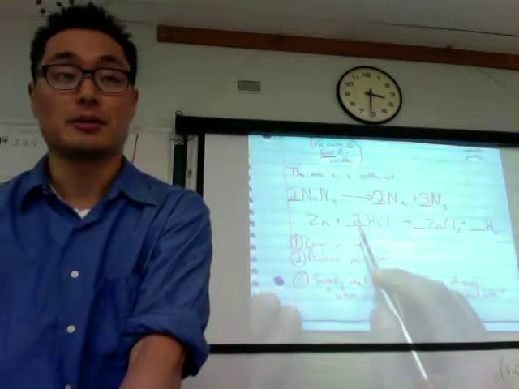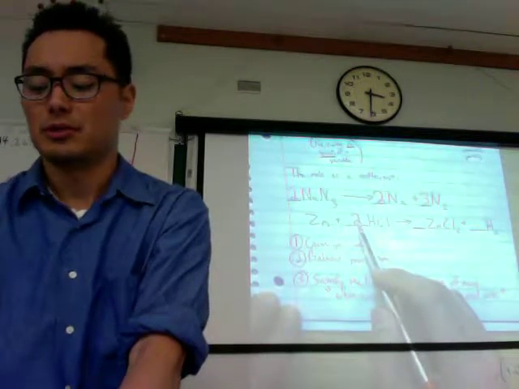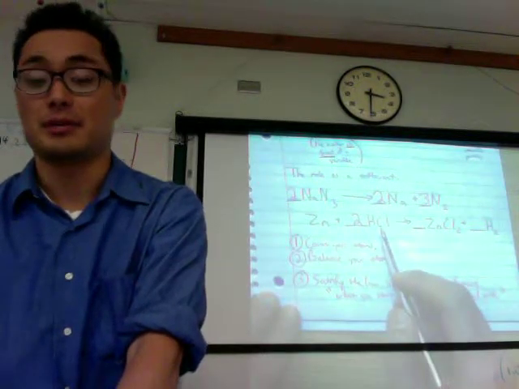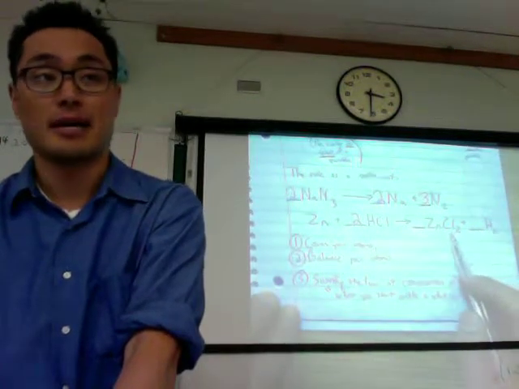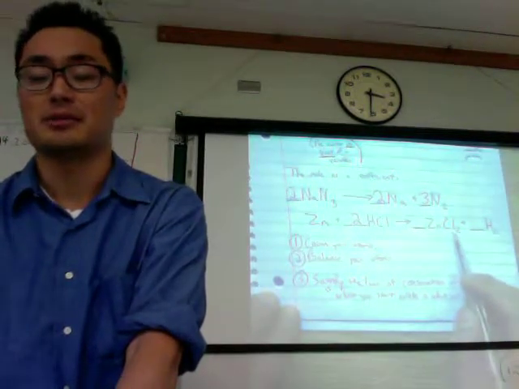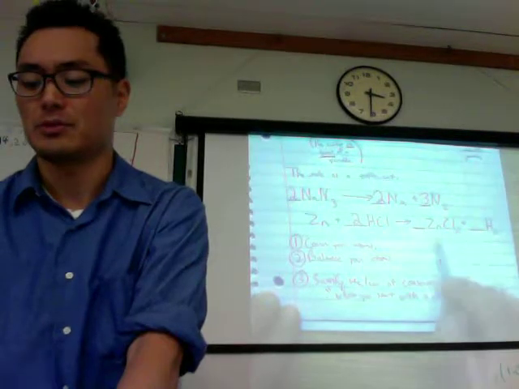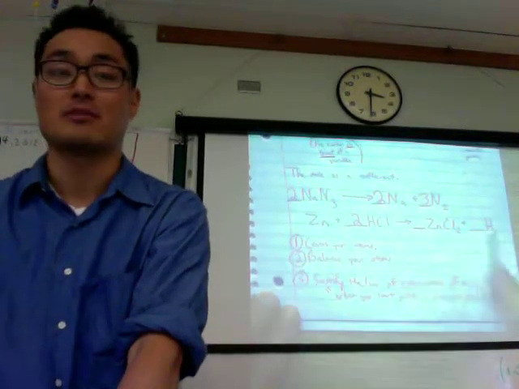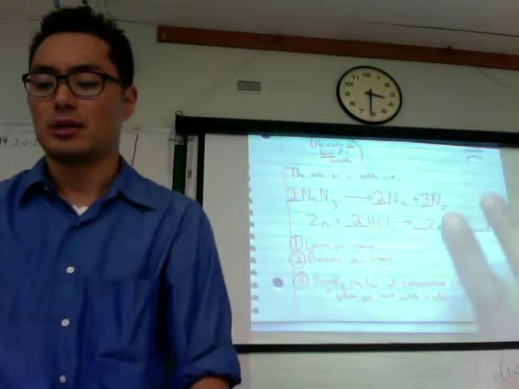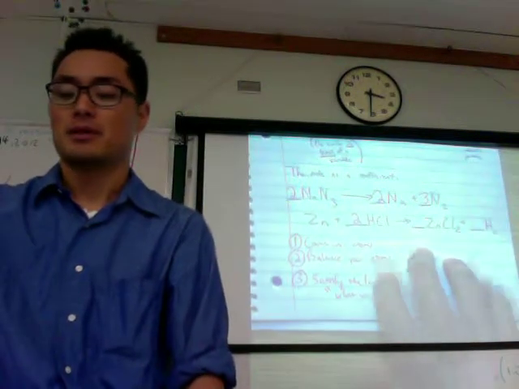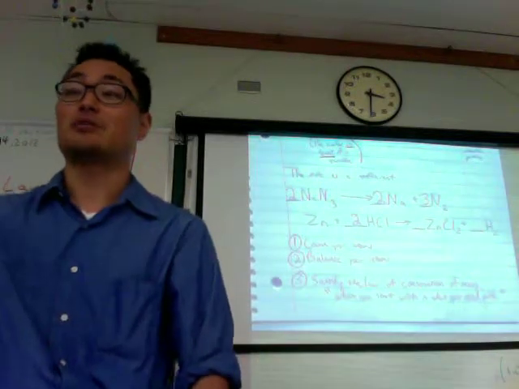That changed our number to 2 H's and 2 Cl's. If we start with 2 Cl's, we must end with 2 Cl's. And do we? Yes, we do. So is the law of conservation of mass satisfied? Yes. Good.